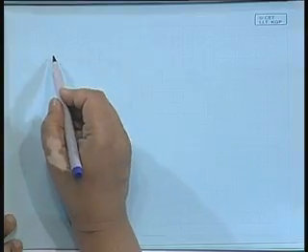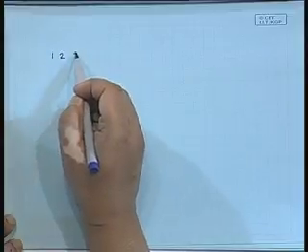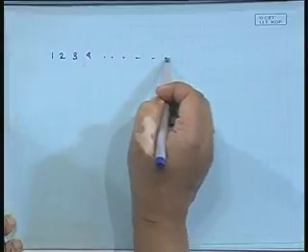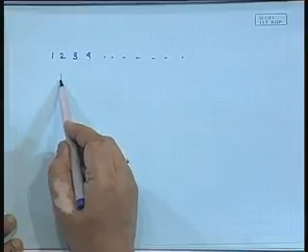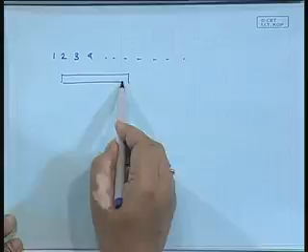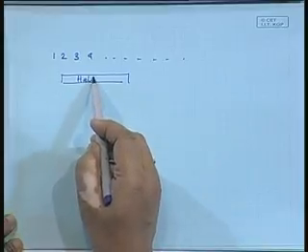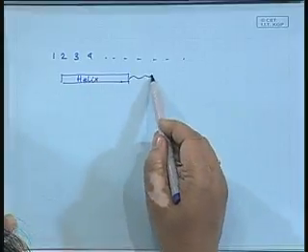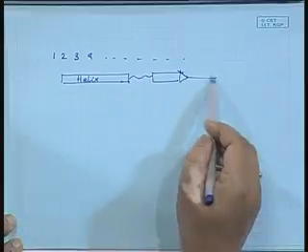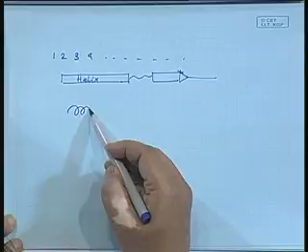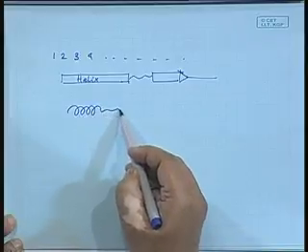So, I now have my sequence 1, 2, 3, 4 and so on. What can I say? I can say that I have a helix here, I have say a turn here, and then I have a sheet here or something like that. So, I can say basically it should be more like this. So, we can say what we have.